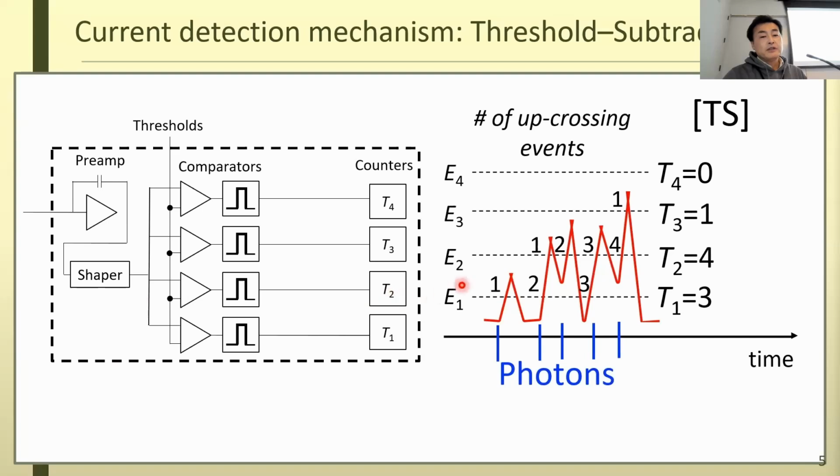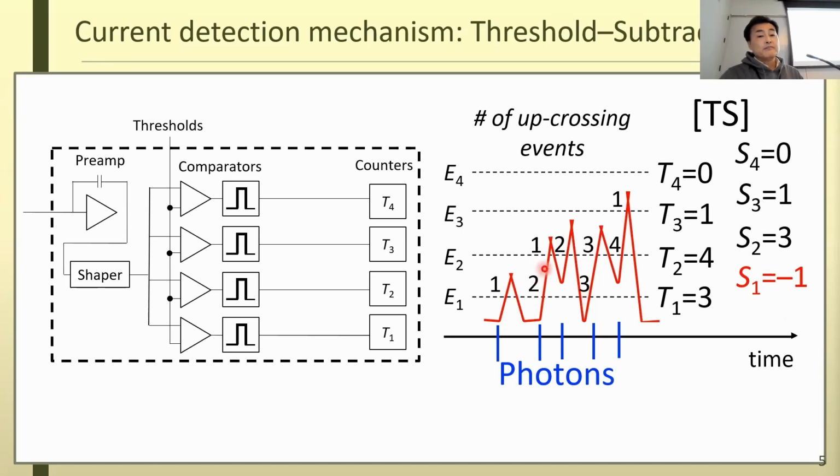Threshold 2 observes up-crossing events against E2 and gets 1, 2, 3, 4 counts. One count here and no count. After the data acquisition is done, you read out the data and subtract the output from the adjacent energy threshold to try to get the number of photons observed within this energy window. But notice here that the subtraction for bin 1 goes negative.